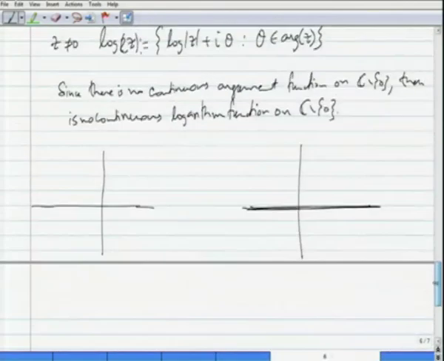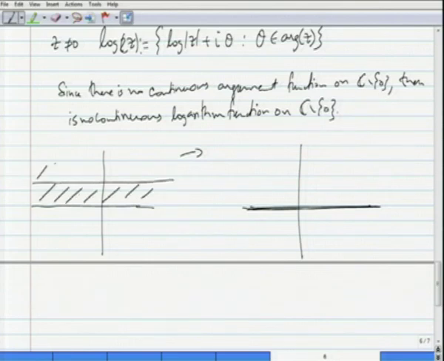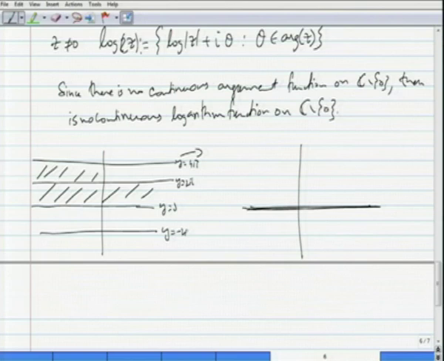Okay. So, we saw that the exponential function takes these stacks of horizontal strips. These are y equals 0, y equals 2 pi, y equals 4 pi, etcetera, y equals minus 2 pi. So, it takes these stacks of horizontal strips and maps each of the stacks to all of the complex plane minus 0.